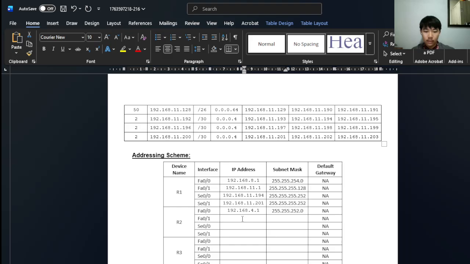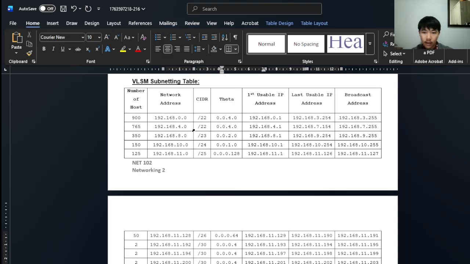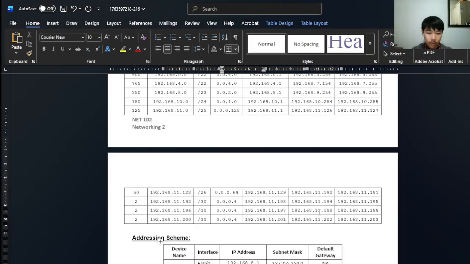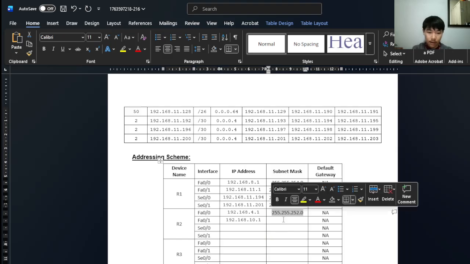So let's paste. The CIDR is /24. CIDR /24 is 255.255.255.0. Oh, it's the same.